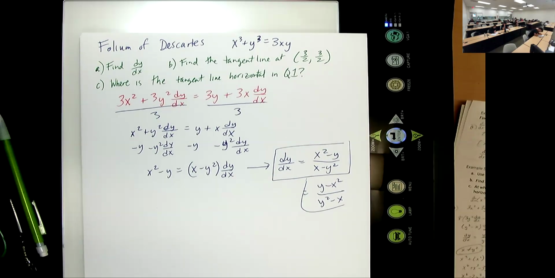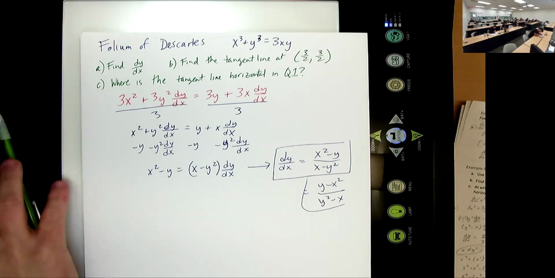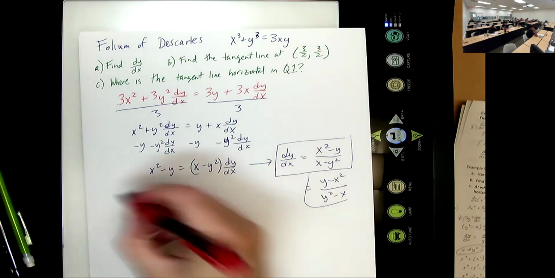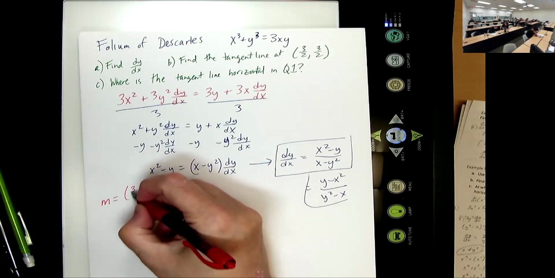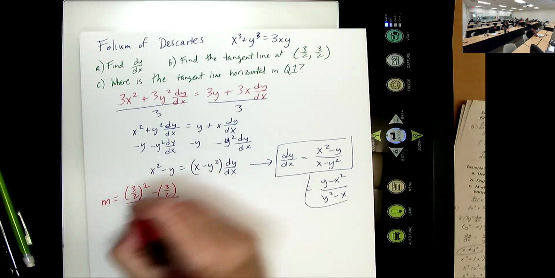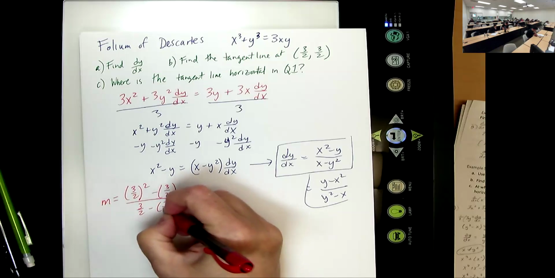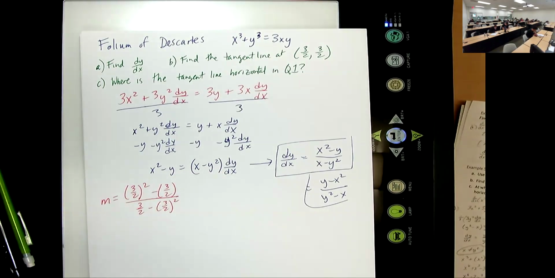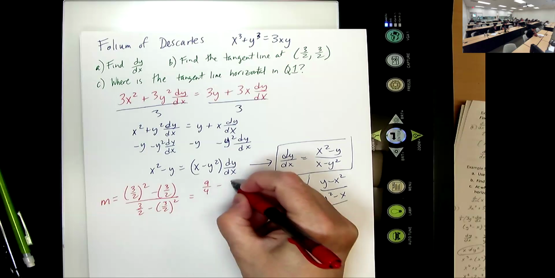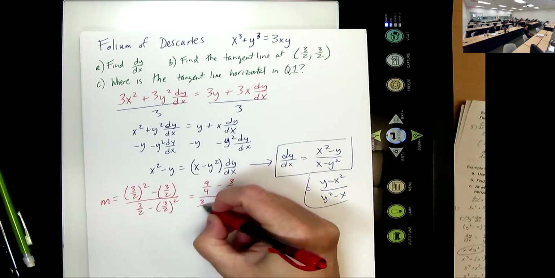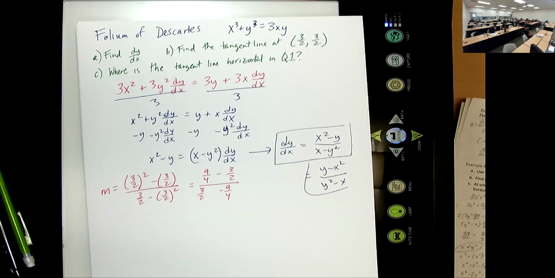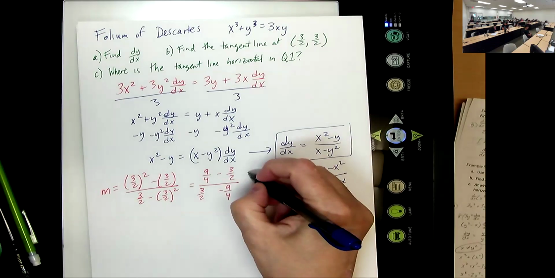To find the tangent line, we need the slope there. So the slope there will be plugging in, that's my m. We're going to plug in 3/2 for both x and y. I'm going to clean this up a little by getting rid of the fractions, multiplying top and bottom by 4.